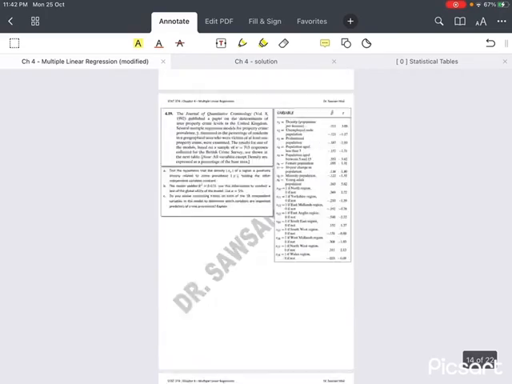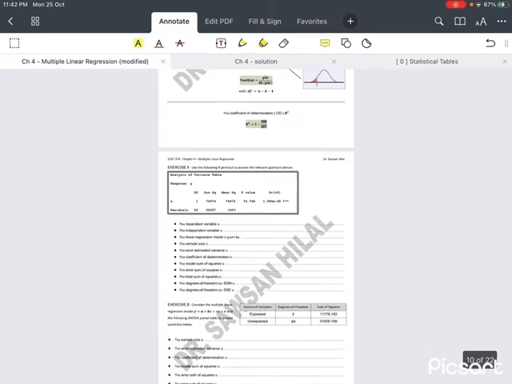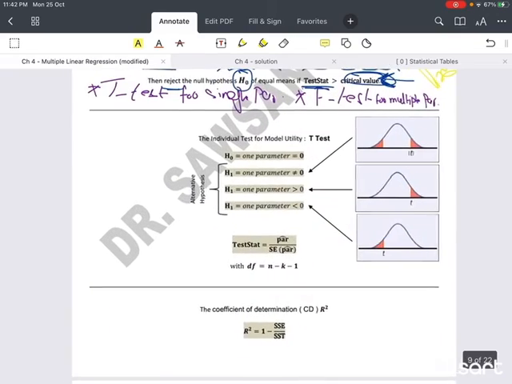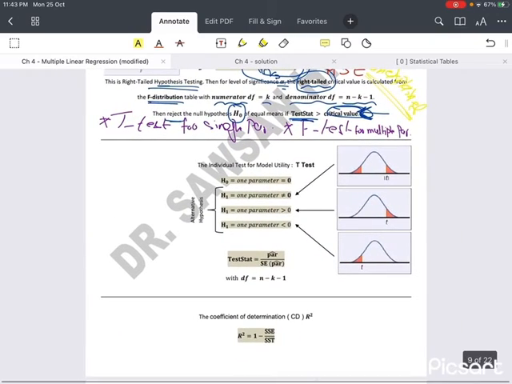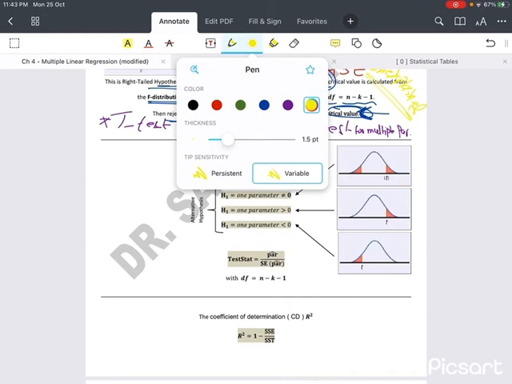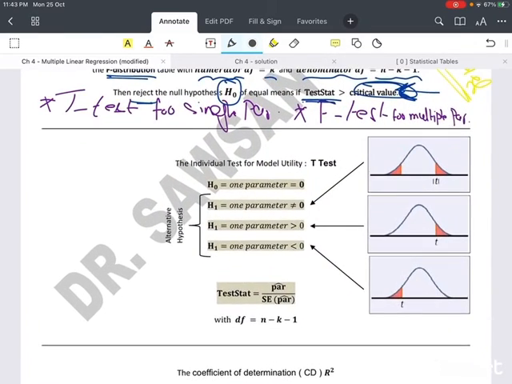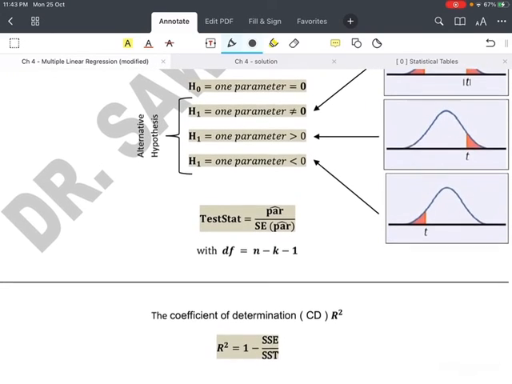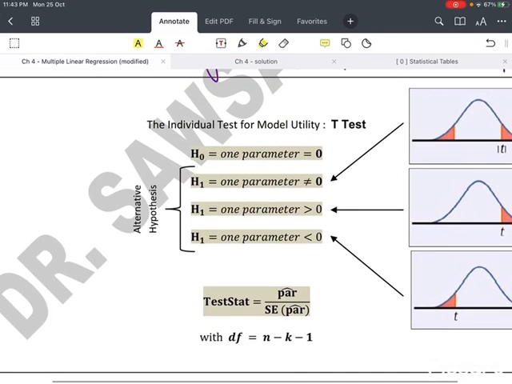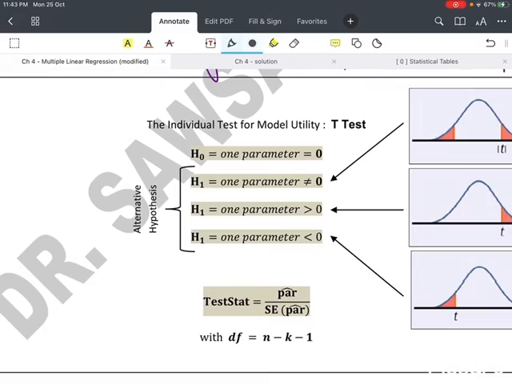We'll return back here to our page. Okay, so we finished this part. You will find here the individual test. The individual test measures the test for model utility.